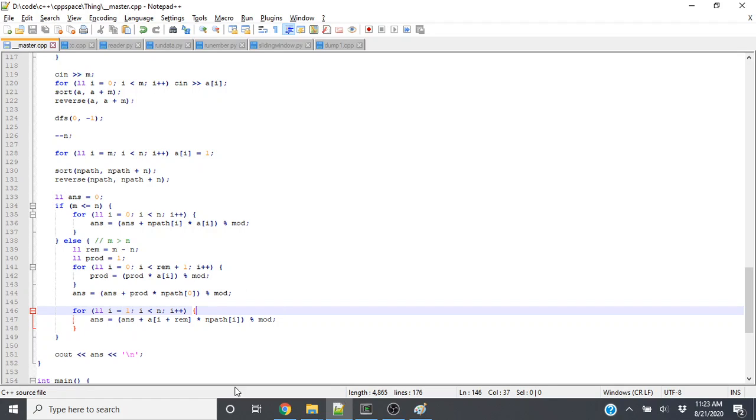And then this is going to go up to n, and I plus rem is going to go up to m.